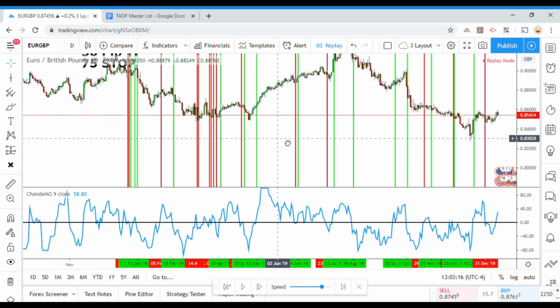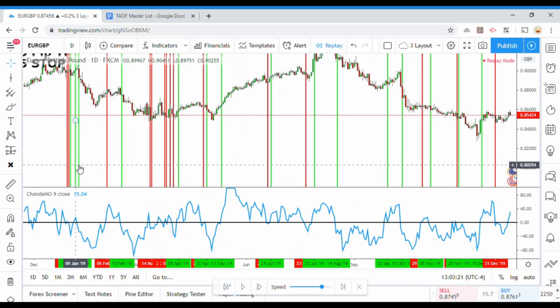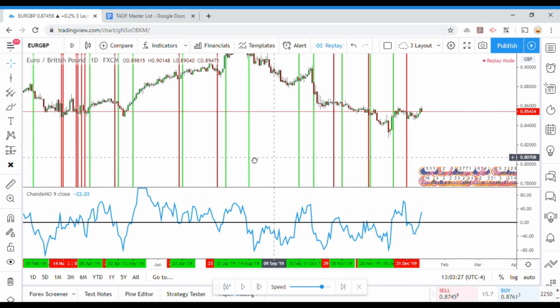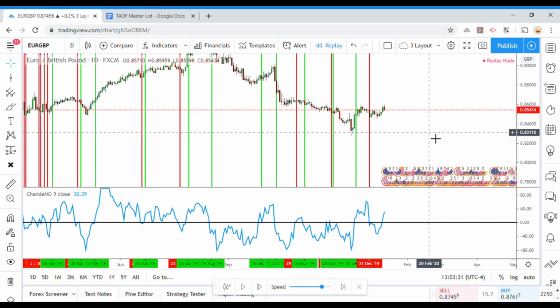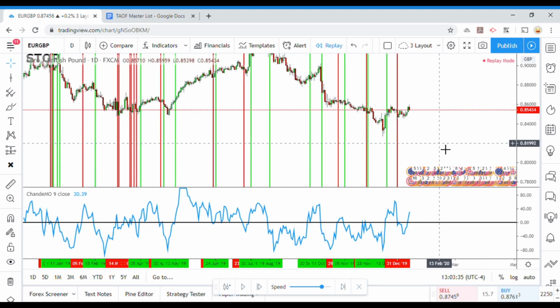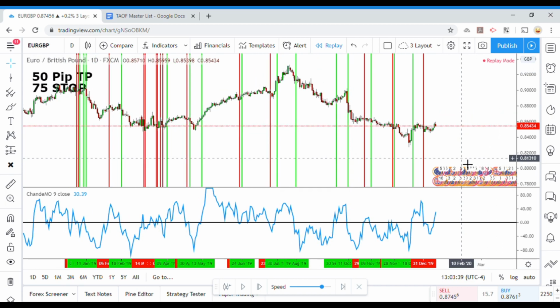So we need 1, 2, 3, 4, 5, 6, 7, 8, 9, 10, 11, 12, 13, 14, 15. We needed 18 for the 60. We only got 15. That is no surprise there.